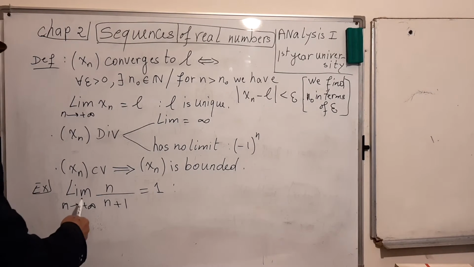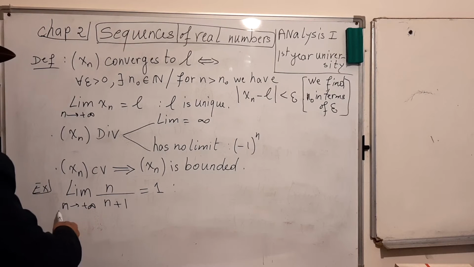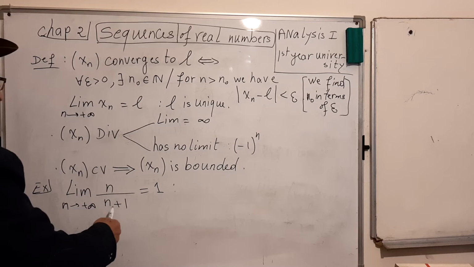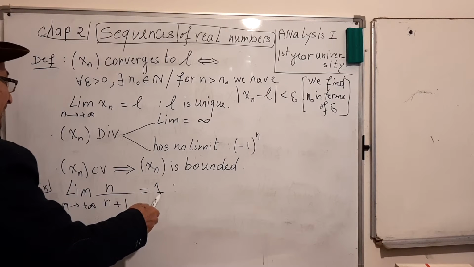Example, show that limit as n tends to plus infinity of n over n plus 1 equal 1.